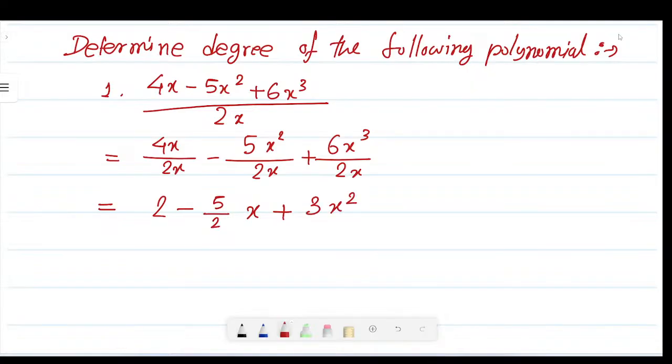So in this algebraic expression, the highest positive integer degree is 2. So the degree of this whole polynomial is 2.